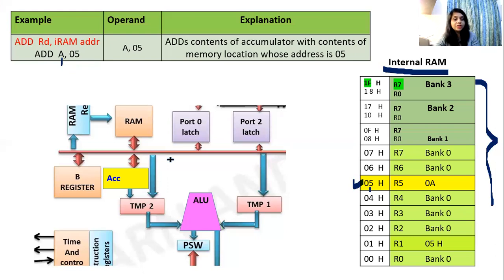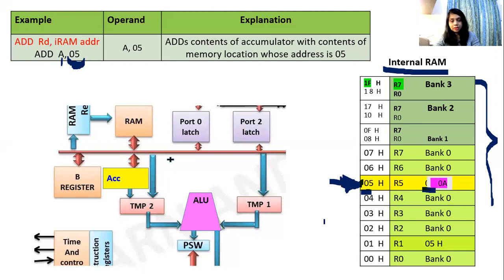So what is 05? 05 is again the address of R5. What does this instruction do? It will add the contents of the accumulator with the contents of the memory location whose address is 05. Which memory location? The internal RAM memory location whose address is 05. What does 05 hold? Again it holds 0A.